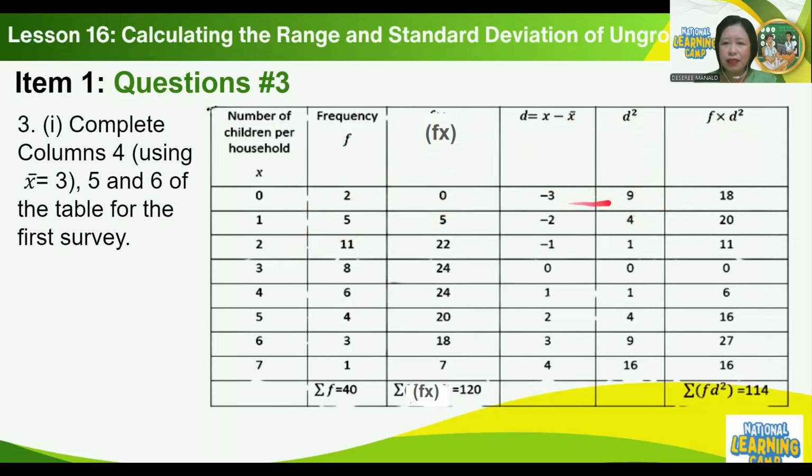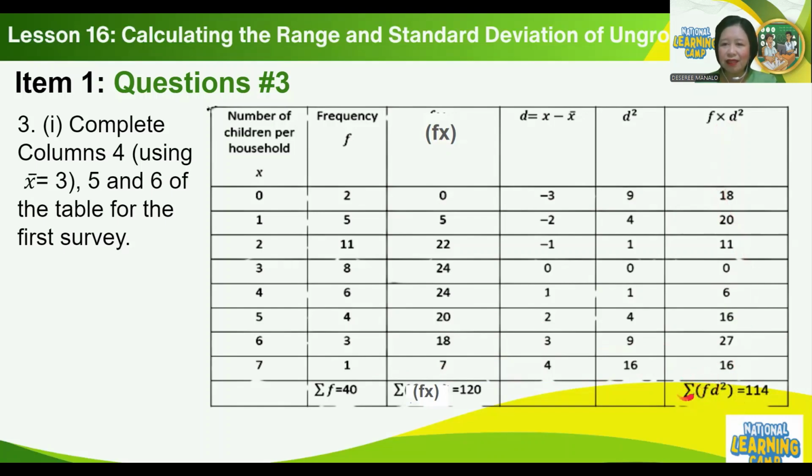So we have 2 times 9, 18. 5 times 4, 20. 11 times 1 is 11. 8 times 0 is 0. 6 times 1 is 6. 4 times 4 is 16. 3 times 9 is 27. And then 1 times 16 is 16. So after obtaining all the values in the column of frequency times square deviation, get the total.